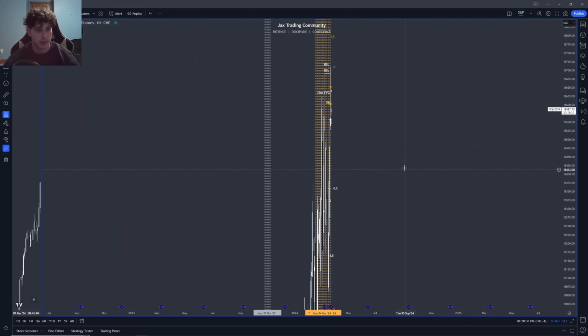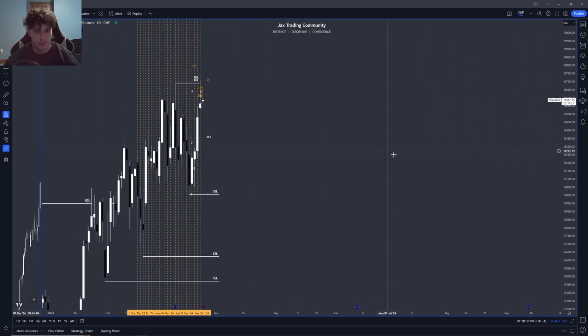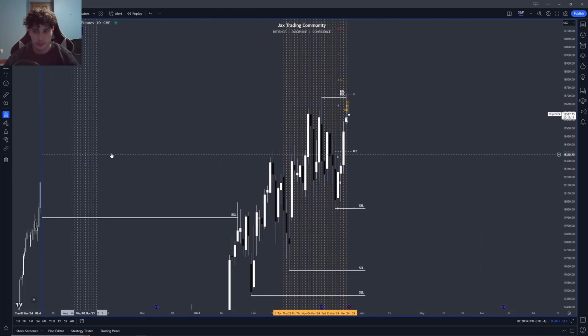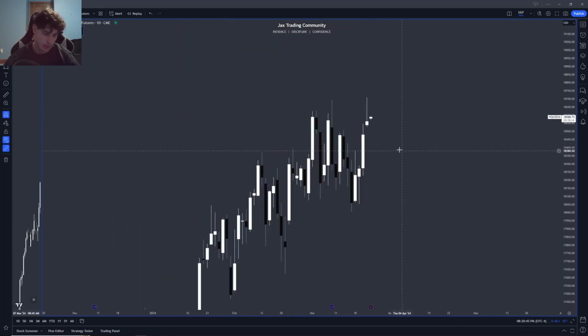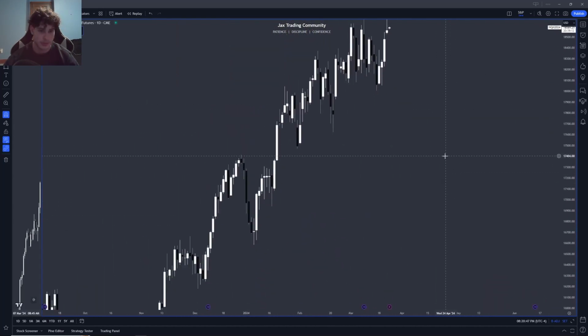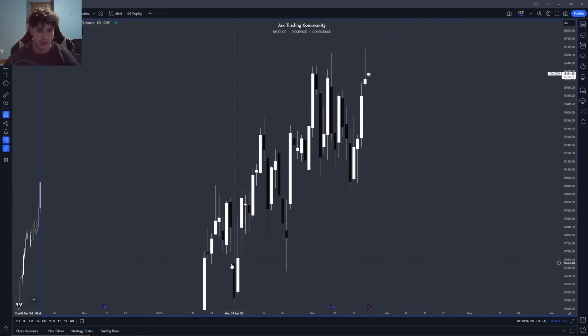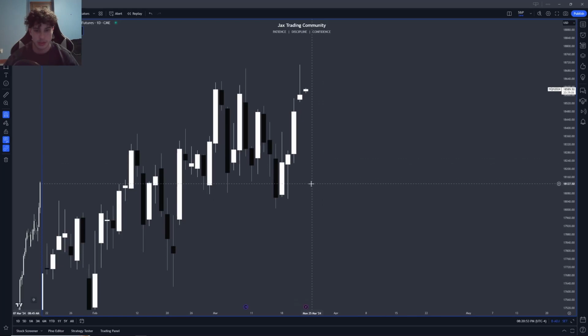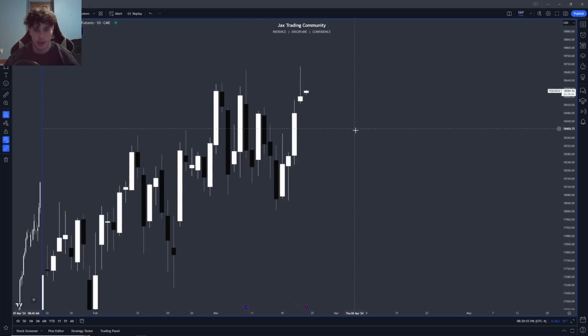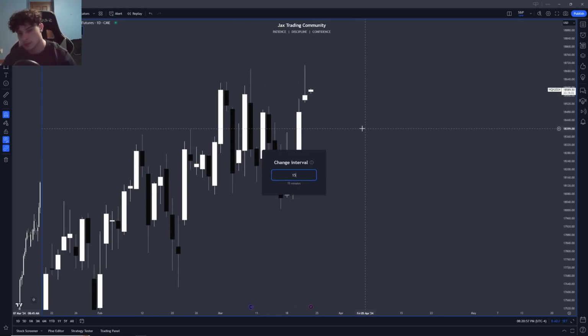I'll look at this daily real quick. Looking at this daily, wrong thing right here. As you can see, again, we've just been in this consolidative up move, and this does look like the power of 3 that happened, and it worked out pretty well.